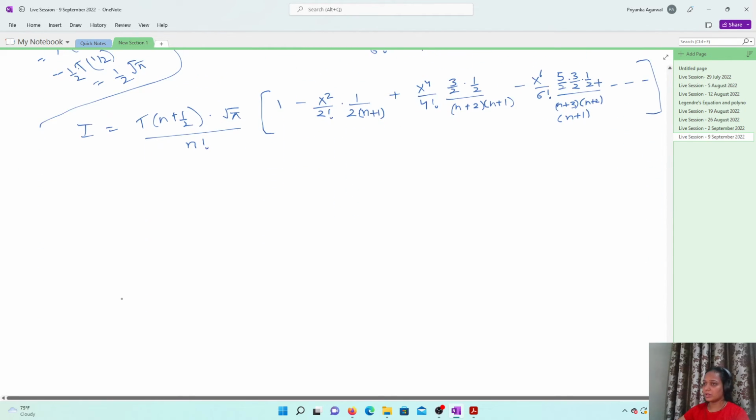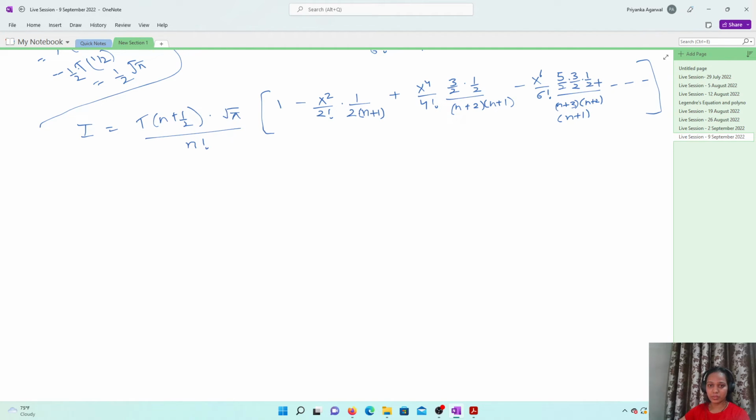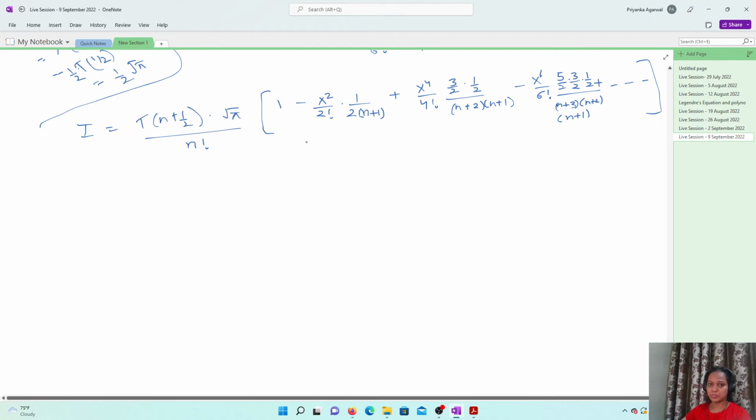Okay. Now, how can we simplify this further? If we look at this term, gamma of n plus 1 by 2 into root pi over n factorial.